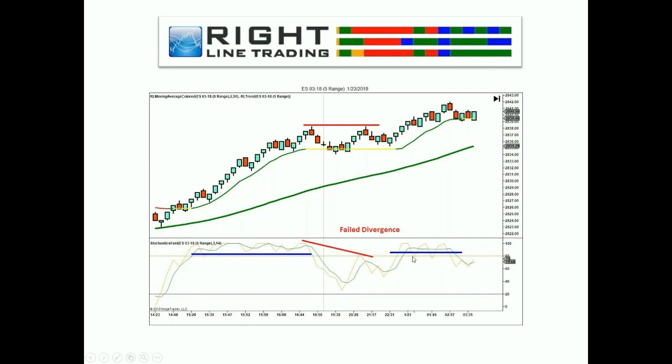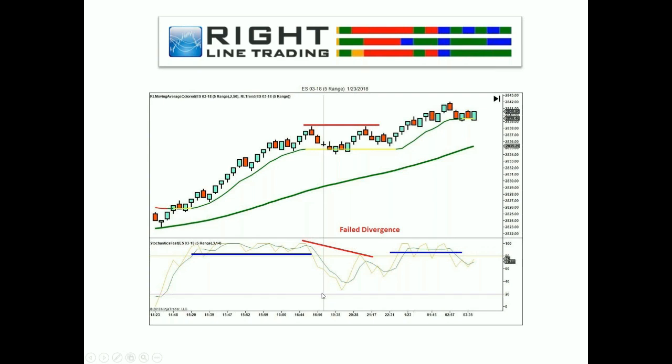So when the market's above the 80 line, it doesn't make any difference whether the stochastic line is above or below the signal line. It's always going to give you a green line. The bulls are in control. When it's below the 20 line, the stochastic line is going to say that bears are always in control, and this is on both higher time frames. And so it's always going to give you a red line.